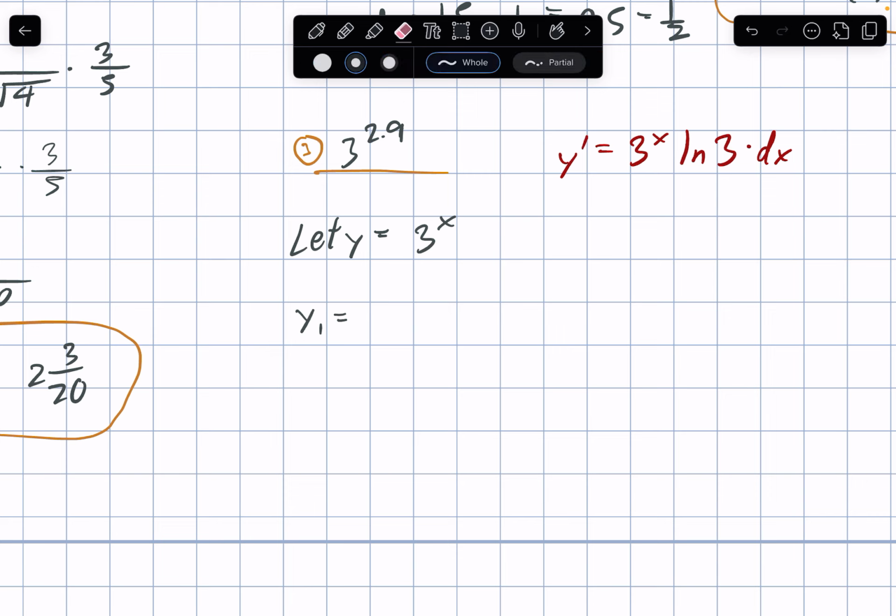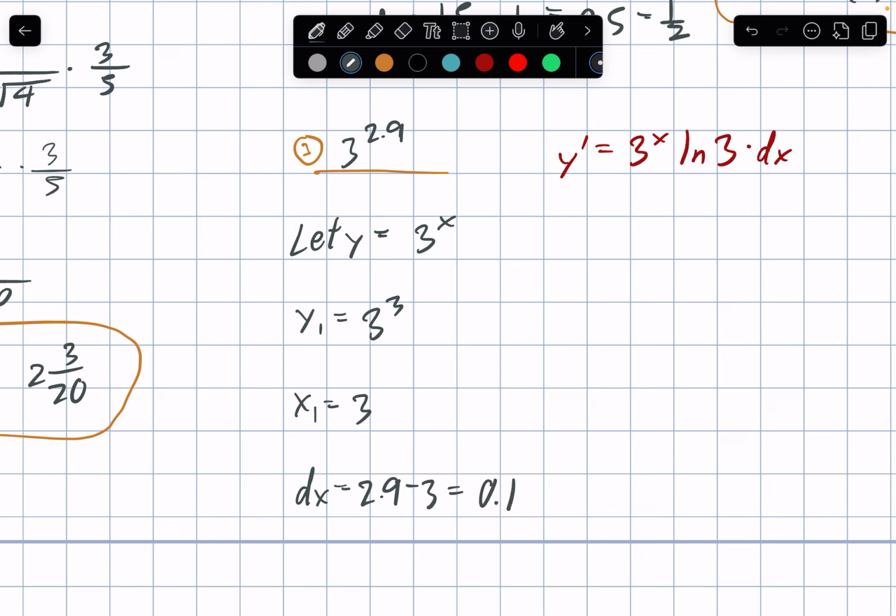So y sub 1 is, let's try 3 raised to 3. So something very close to this. x1 is 3. dx is, well, coming from 2.9 to 3, it's going to be negative 0.1. y sub 2 is equal to y sub 1. 3 raised to 3 is 27.